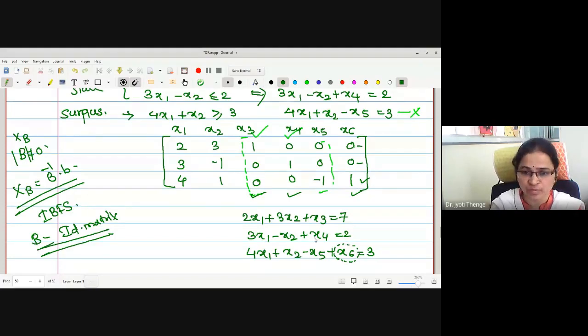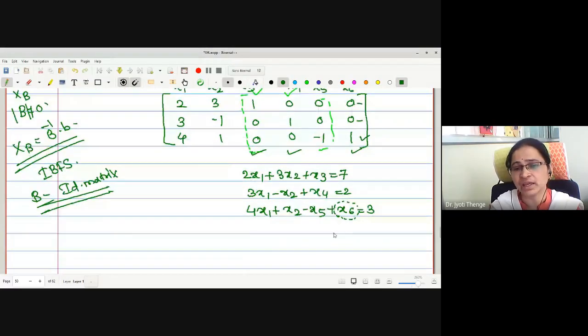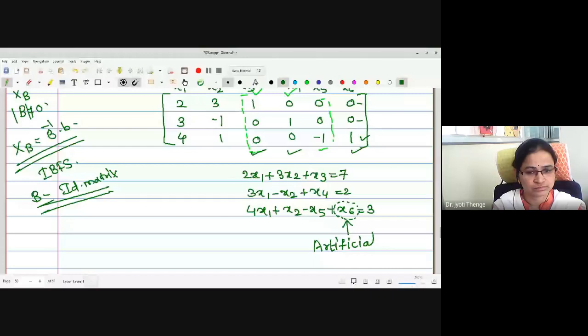Therefore, this added variable is not going to play any role in the given system, and that's why the variable is called an artificial variable. What is the meaning of artificial? It's not real, no? Artificial is not real, it's imaginary, it's pseudo, correct?